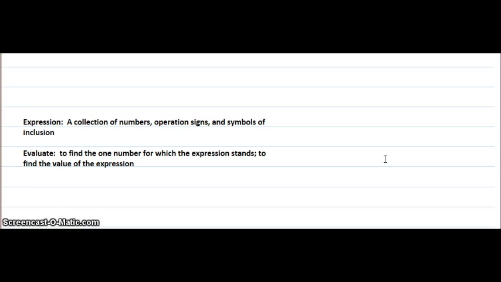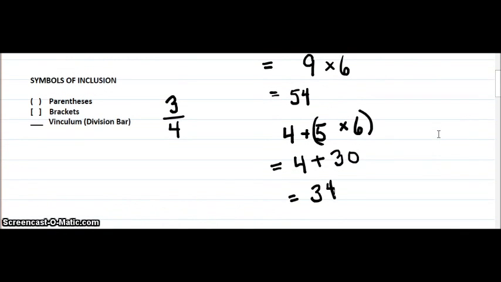Okay, so an expression is a collection of numbers, operation signs, and symbols of inclusion. Okay, it's a collection of numbers, operation signs, and symbols of inclusion. So these are expressions.